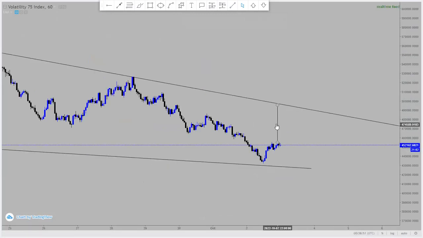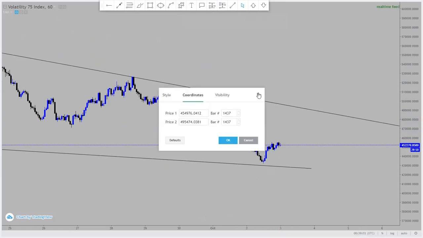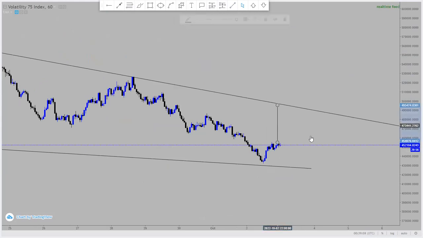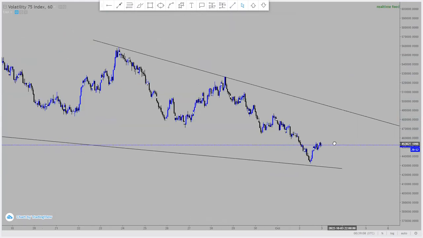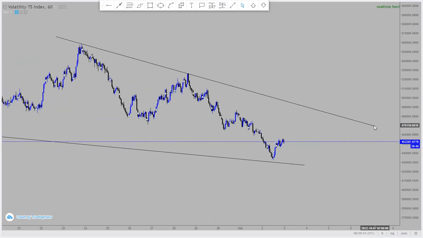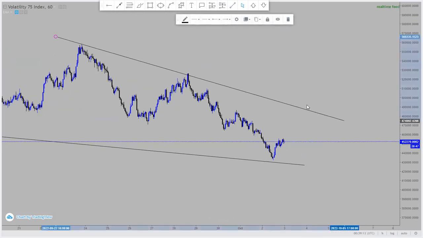Right. So this is the 1 hour time frame.